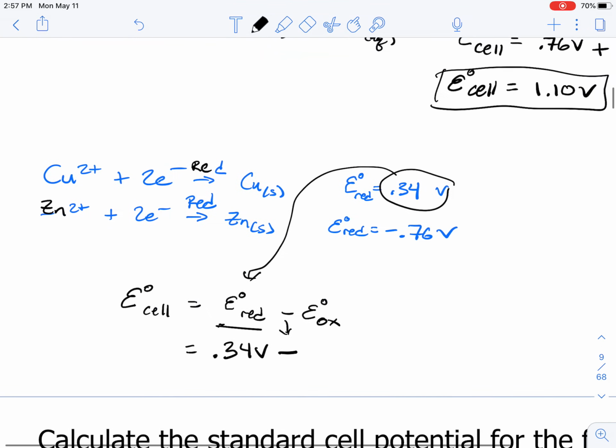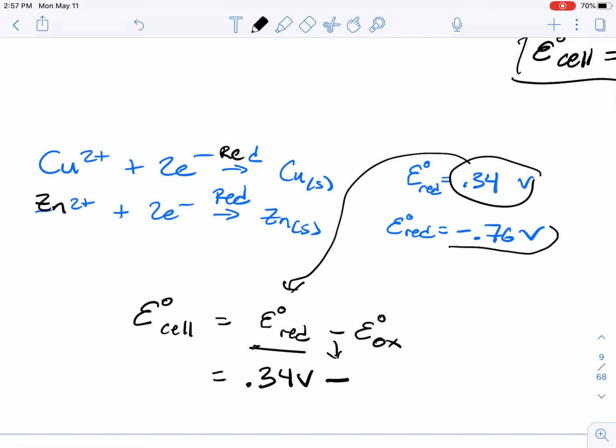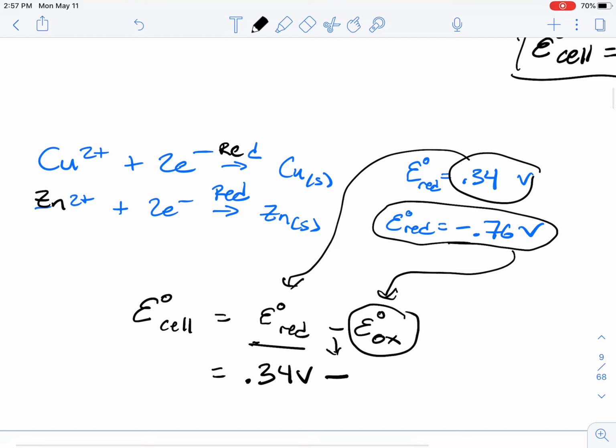And so this tells us that this reduction potential for zinc is going to go on the side that is describing the potential for oxidation. When you guys are using this equation, you're going to plug in the raw value. So this is going to be negative 0.76 volts.